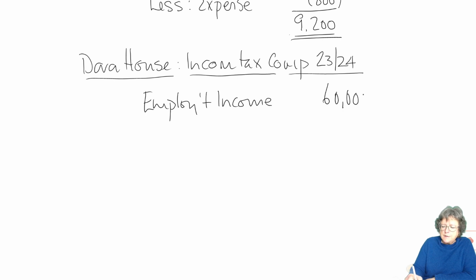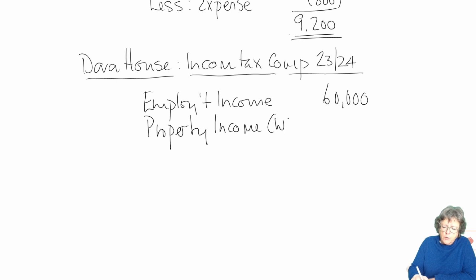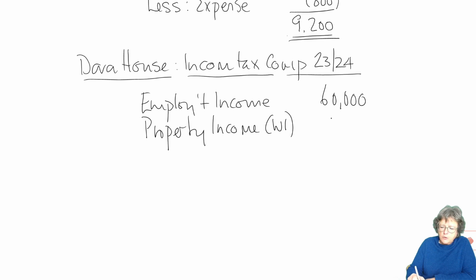Now all of this is classed as non-savings. Okay, so that's why I haven't put all the headings in, because we're getting to the point now where if you've done the previous chapter, chapter 2, then you will know all about this. If you haven't done chapter 2, then you need to go back and do chapter 2, otherwise this may not make sense. We have property income. Label it up W1, because then you make sure you bring the correct figure down.